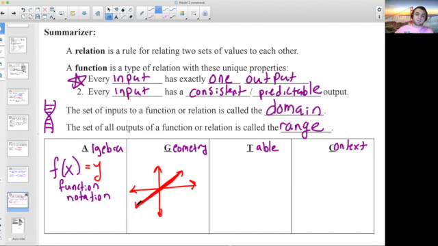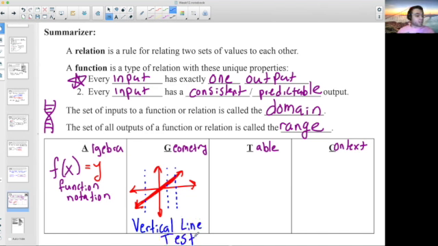Now, in geometry, we have this cool thing. Notice if I run a straight up and down line, it touches the graph only once. If I run this straight up and down line, it touches the graph only once. So the graph of a function will always pass what we call the vertical line test.